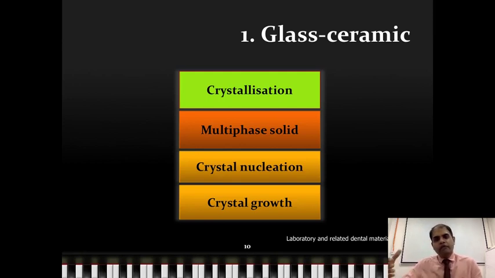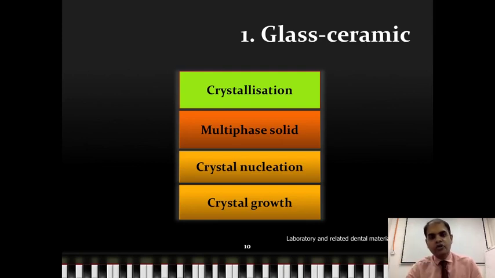While you are giving a subsequent heat treatment, multi-phase solid structures are being created. First, a small crystal nucleus will form. This stage is called crystal nucleation. When we have a sufficient amount of crystal nuclei, they will start to grow until the optimal growth level.